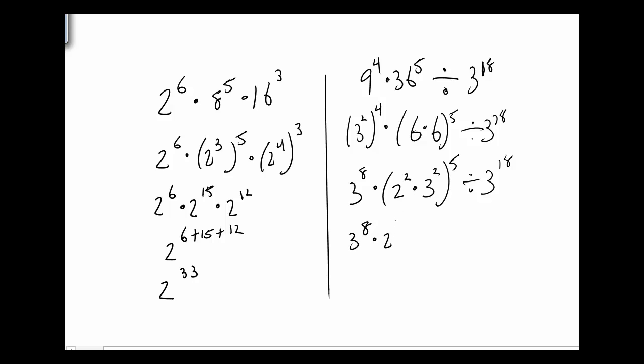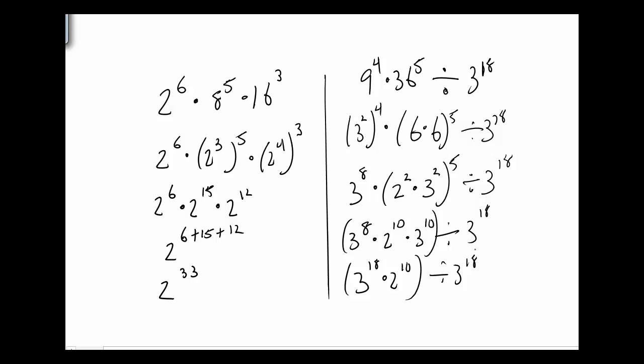So 2 to the 10th times 3 to the 10th, all divided by 3 to the 18th. So what do I notice happens with the first part? I got 3 to the 18th times 2 to the 10th, all divided by 3 to the 18th. What's going to happen to 3 to the 18th? Those are going to disappear on us, and we're just left with 2 to the 10th. So it works out to be 2 to the 10th.